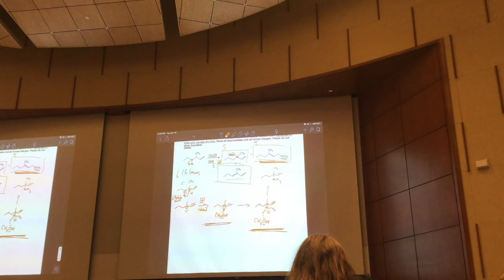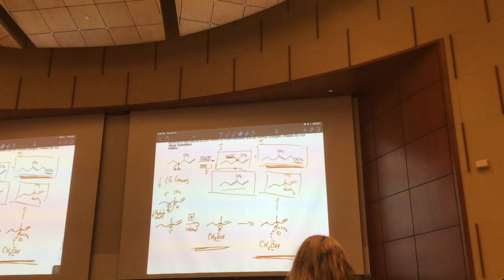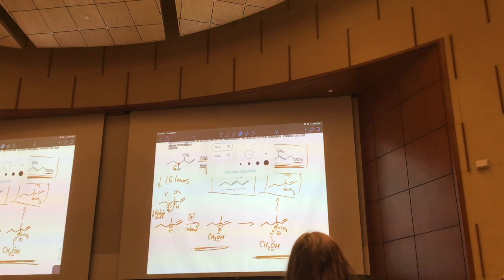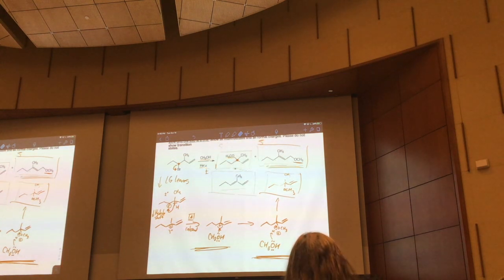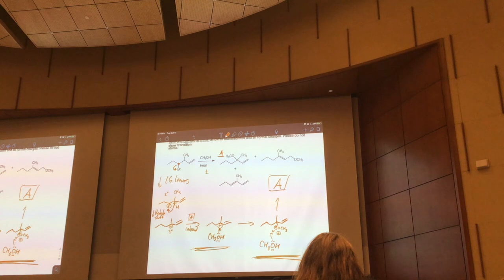Good question. So we have shown product A. I'm just going to call this one A. We're going to call this one A. And this pathway just led to the formation of A. That's it.